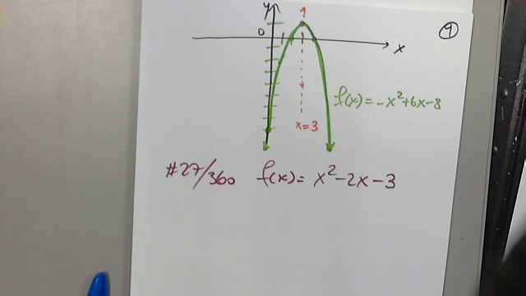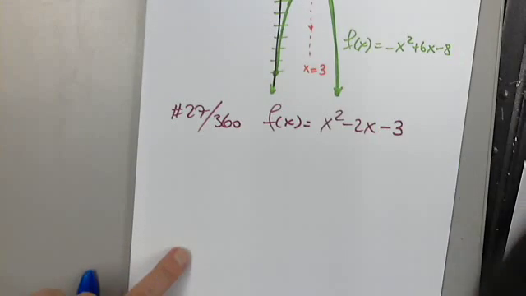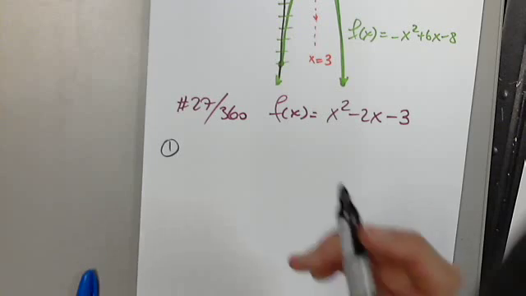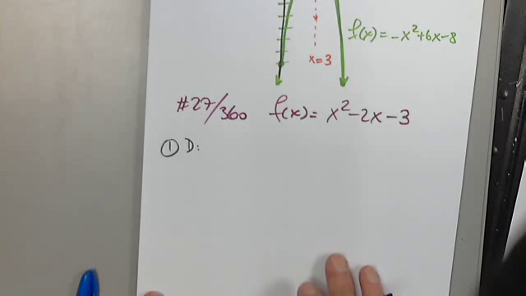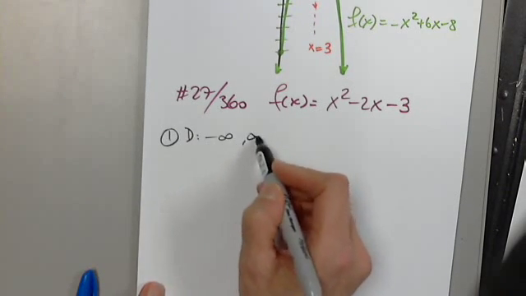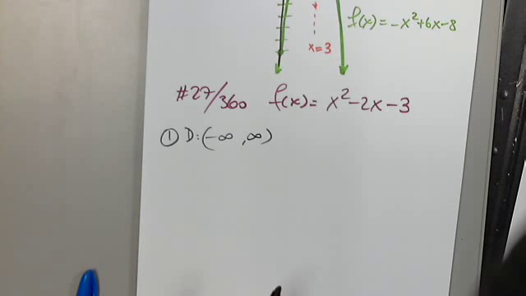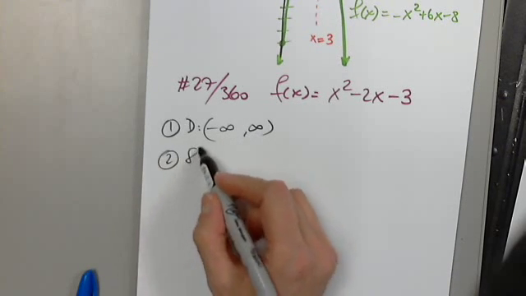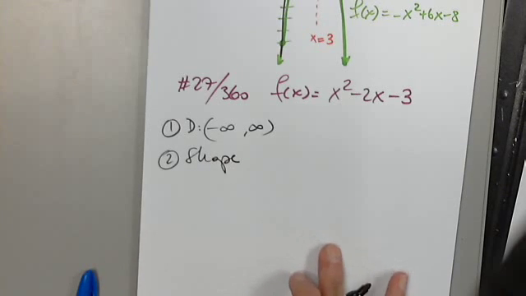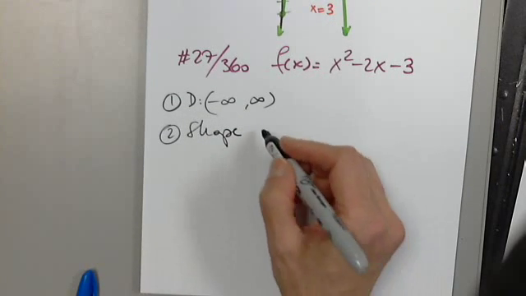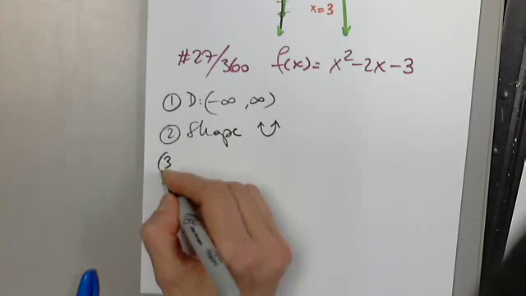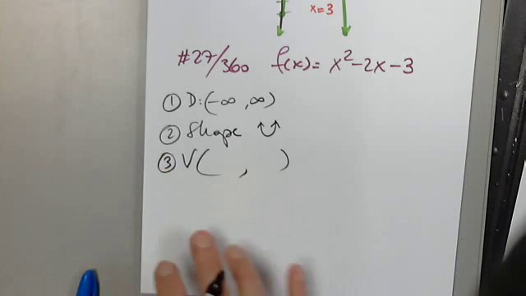Very good. 8 steps. Number 1, we're asked the same thing. We're asked to graph. Number 1 is domain. Right. No problems, no square root, no denominators. Perfect. Number 2, shape. Max or min? Very good, because the leading coefficient is 1. Number 3, the vertex.